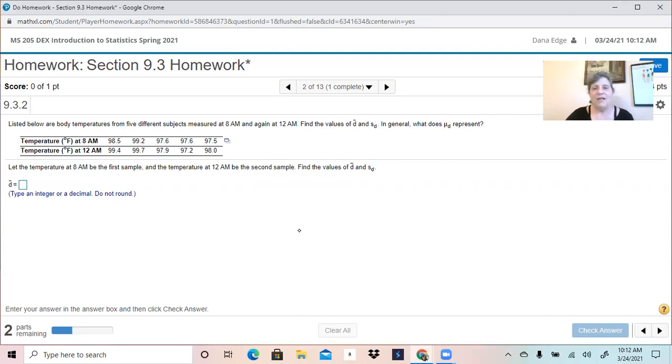So what we end up doing when we have a paired match is, rather than actually working with two different samples, we basically take the difference between each of the pairs in the samples, and we work with one sample containing the differences. Now, that doesn't mean that we'll only be given one sample.